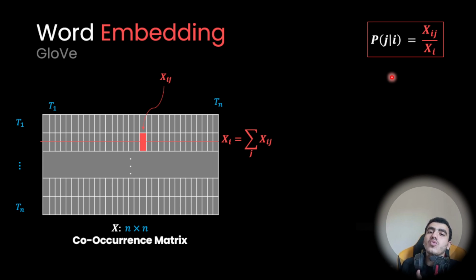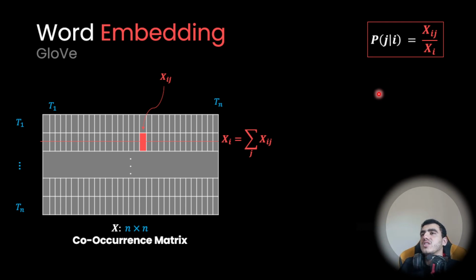That's what a language model does: it learns the distribution of words given their context. So what is the probability of predicting a word J given that token I exists in the context? GloVe calculates this probability across the whole corpus.